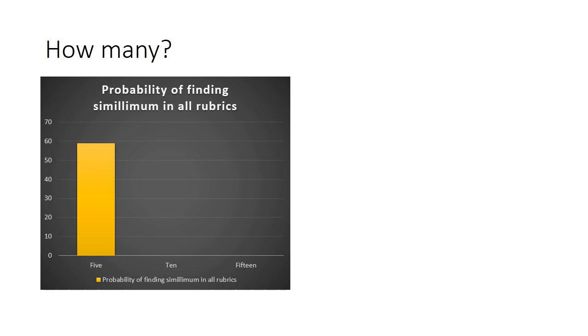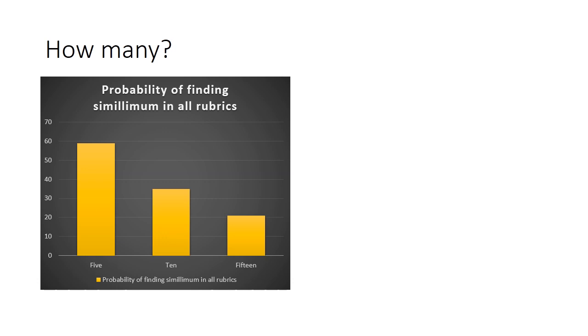But if I increase the number of rubrics to 10, my probability drops to less than 35%. And if I take 15 rubrics, there is only a 20% chance of finding a simillimum in all the rubrics. This is a statistical analysis which is based on fact.